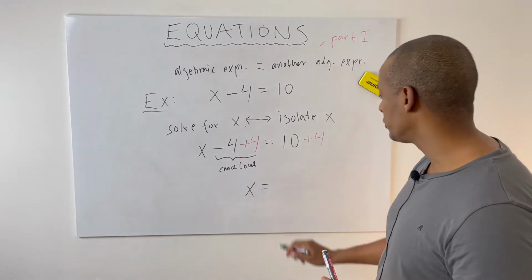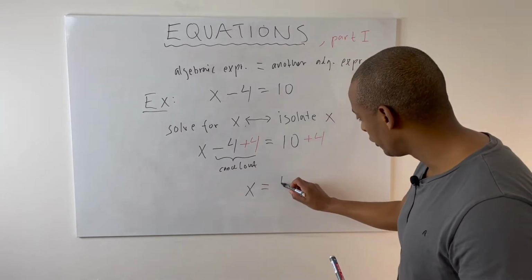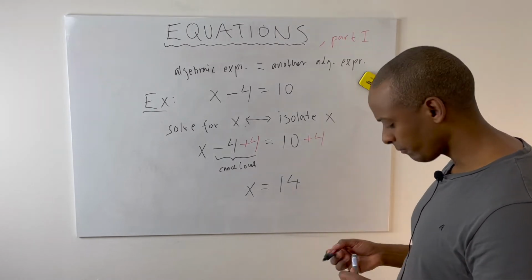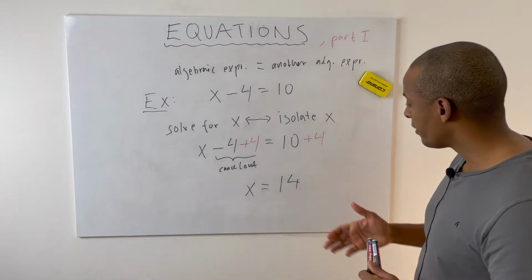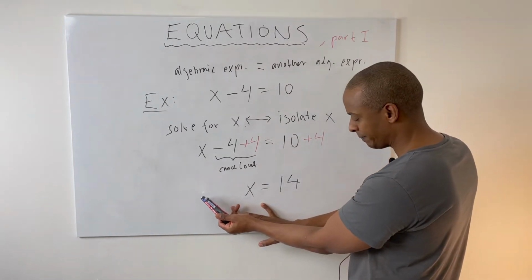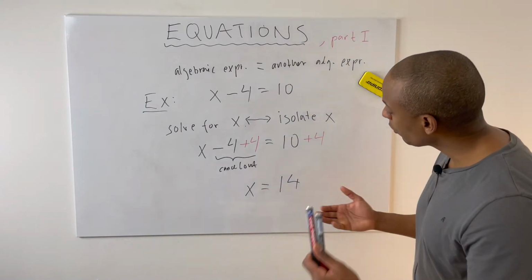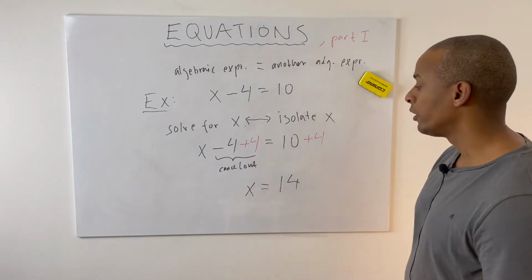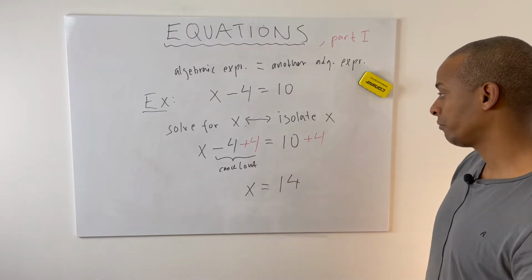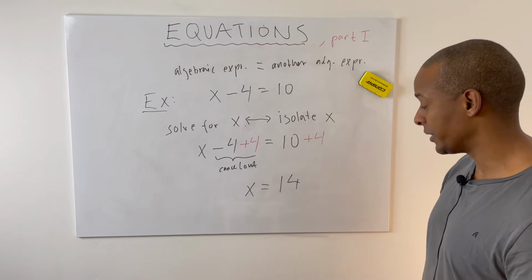And that's equal to 10 plus 4, which is equal to 14. So we've isolated x. X is by itself now on the left-hand side, and on the right-hand side we have 14. So now we know that x is equal to 14. So we have solved the equation. We figured out the true value of the variable x.